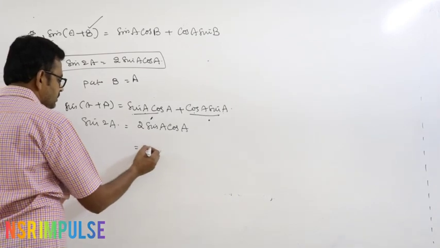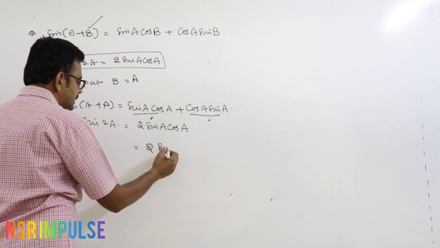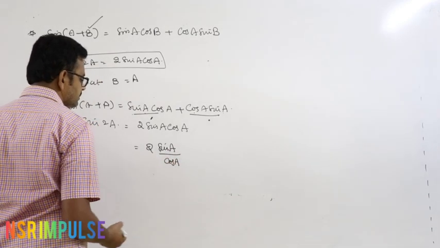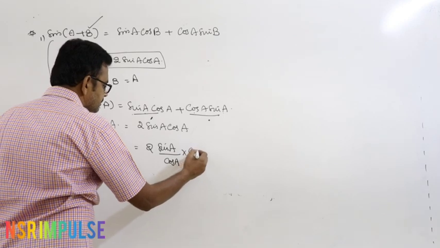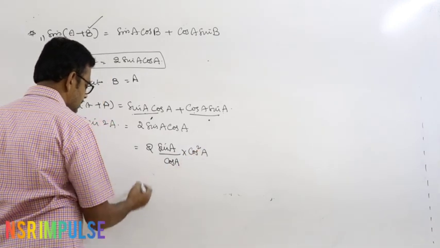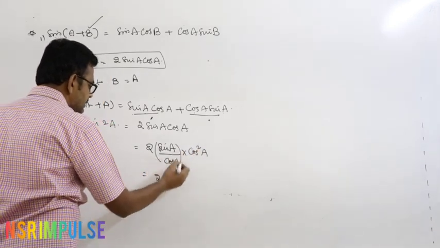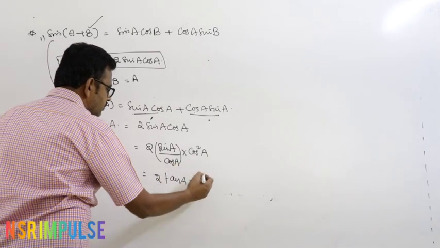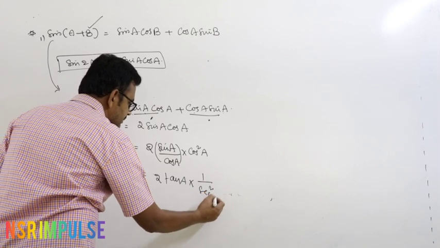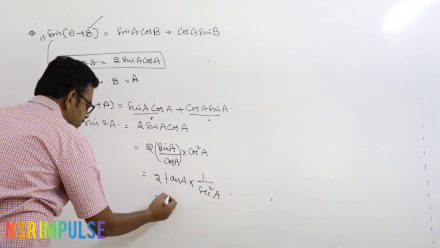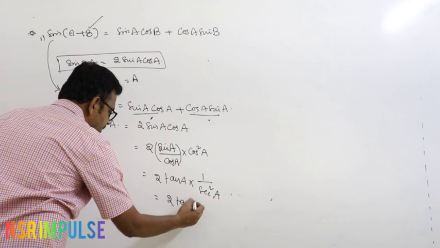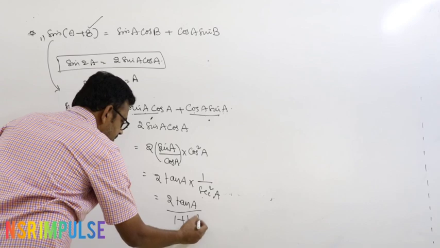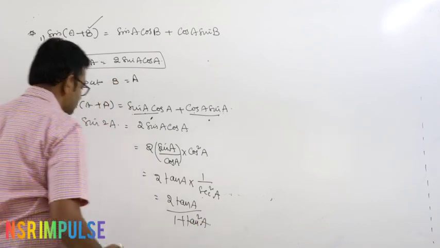And also you write this as 2 sin a multiplied and divided by cos a into cos square a. That is equal to 2, this is tan a, and this is 1 by secant square a. That is equal to 2 tan a by secant square a, which means 1 plus tan square a.